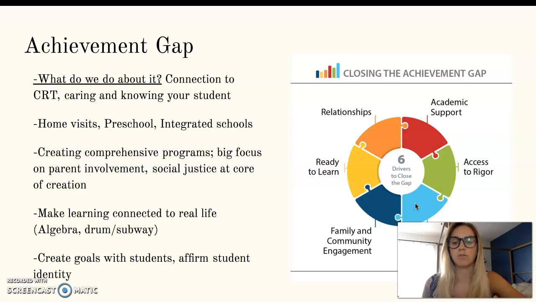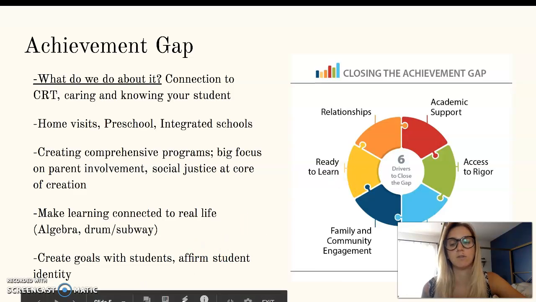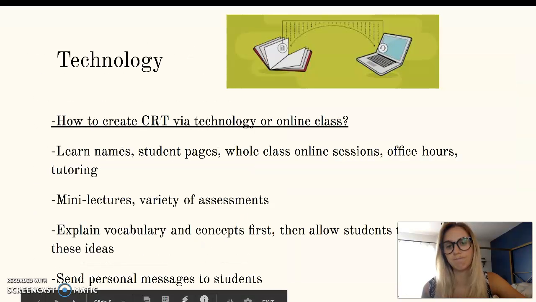Other ways that we've talked about before: creating goals with your students, affirming student identity. What are you doing to make sure that you are giving them academic support, building that relationship? So all the things that we've talked about before, but really putting it at the student-centered approach as well.